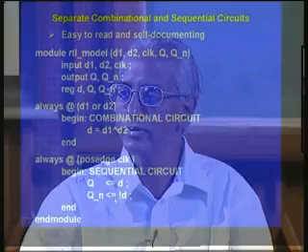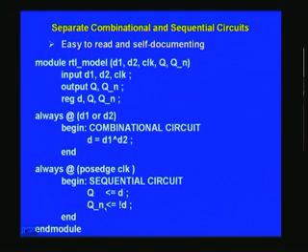One way is not to put this statement here and use an assign statement outside, and then say assign q underscore n is equal to exclamation mark d, or you can even put a tilde here, a sine wave like pattern.